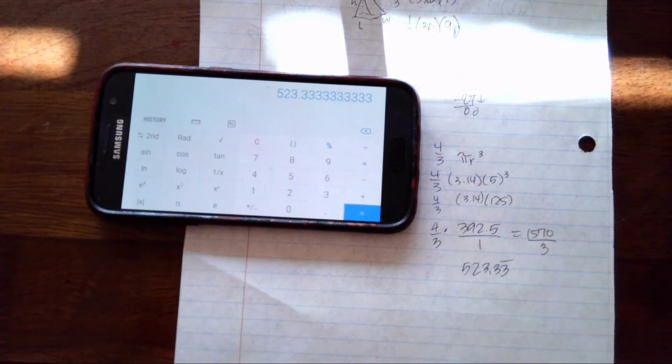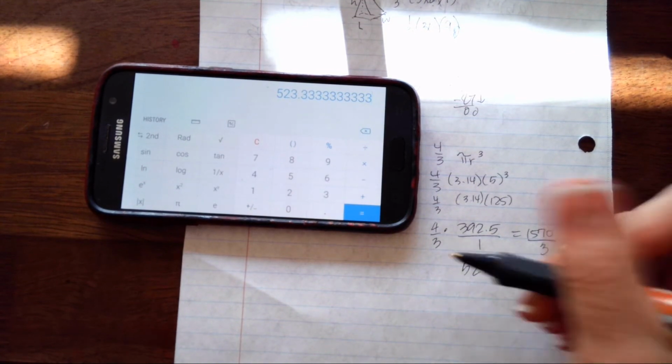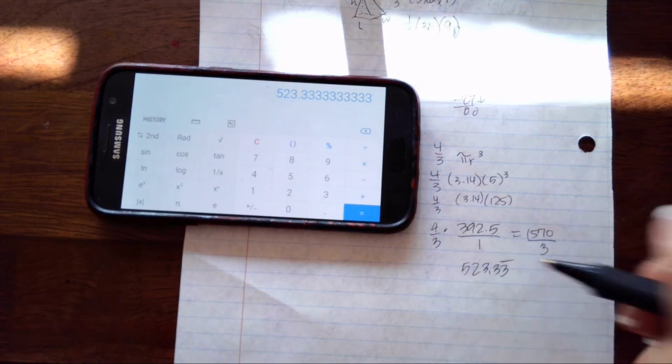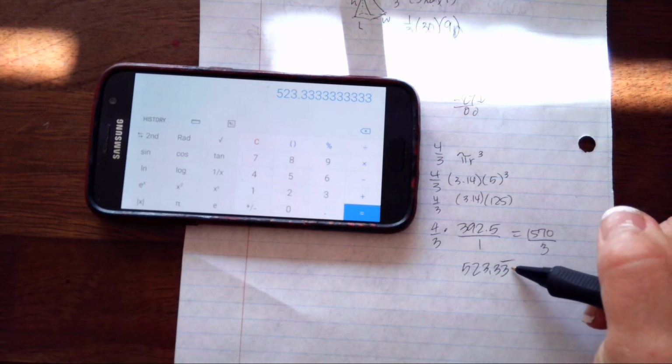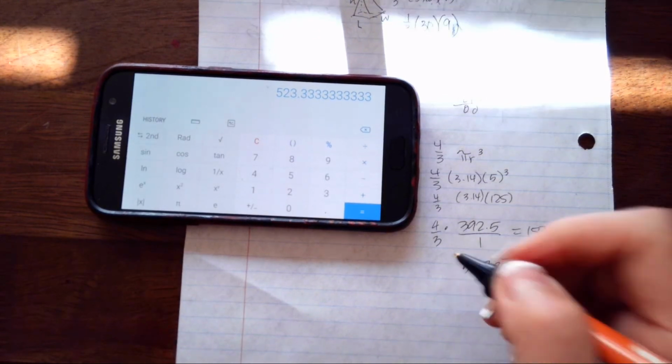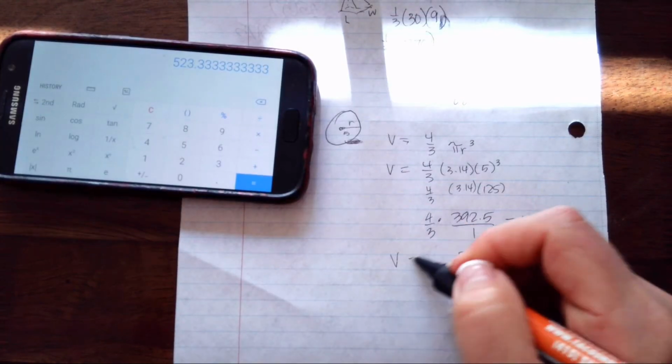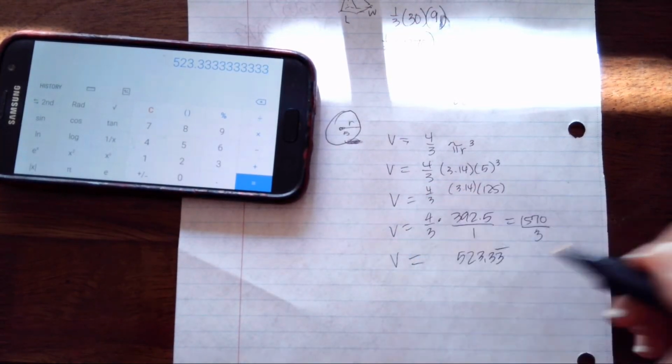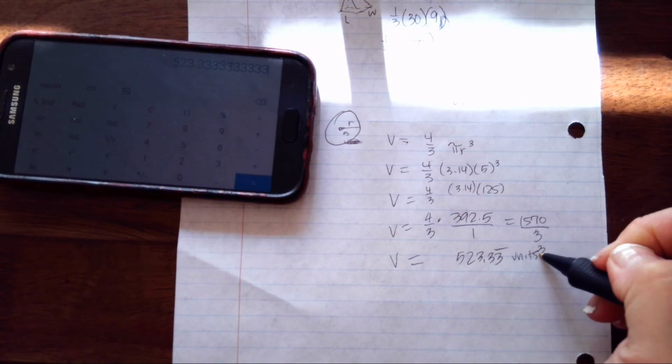And it is a repeating decimal. Sometimes it will say that you can do that. Sometimes it'll say round to the nearest hundredth or tenth. So you would do whatever the directions say. And this is volume, and it is in units cubed.